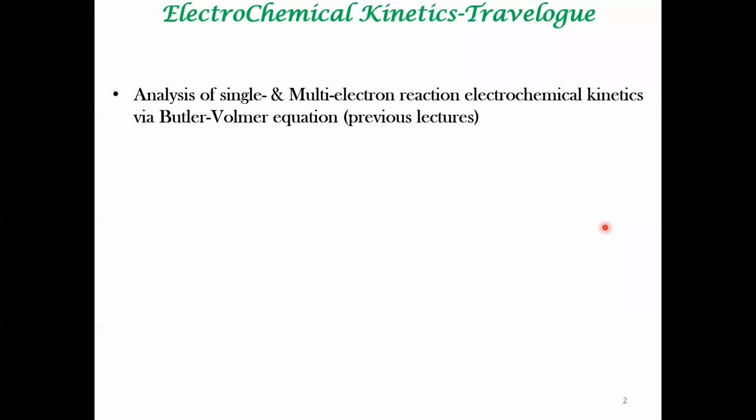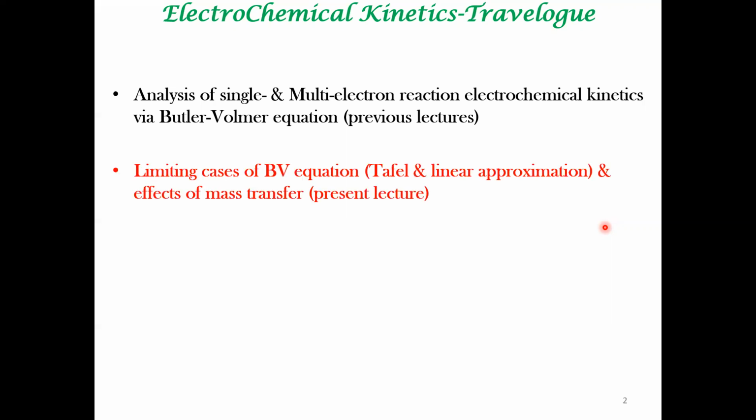While that treatment is comprehensive, it is not typically useful in practical analysis of experimental systems. So we will look at two important limiting cases called the Tafel approximation and the linear approximation. And we'll also introduce the effect of transport on electrochemical kinetics.